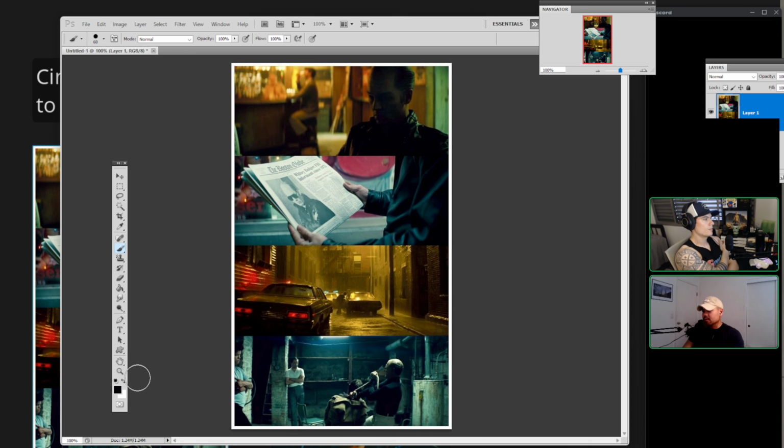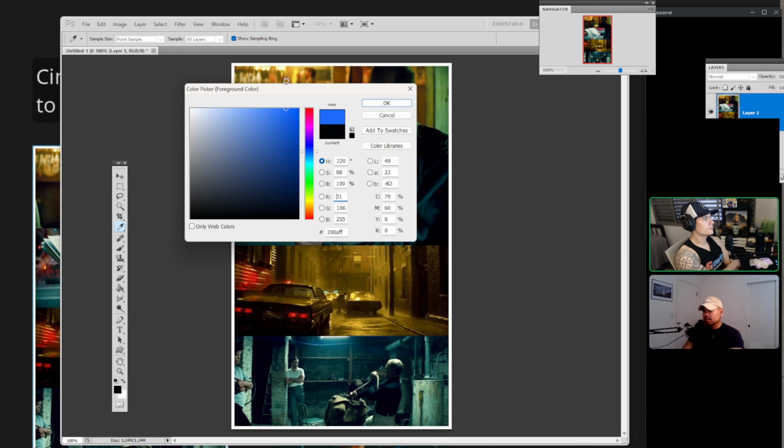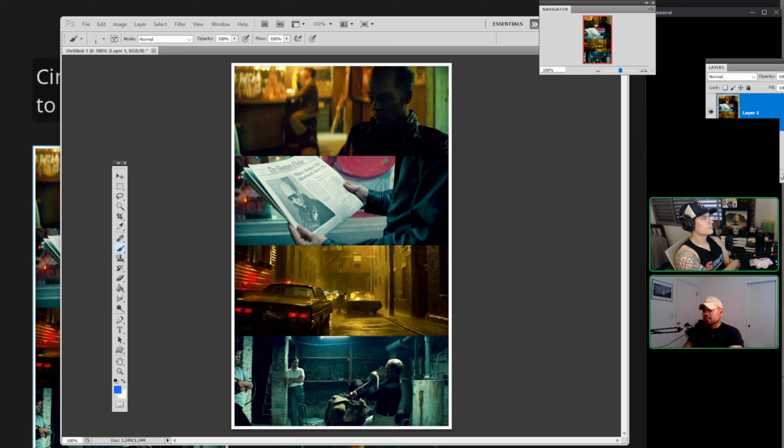So I'm just going to break down these frames real quick. We can see immediately this one kind of uses a rule of thirds composition. So it falls nicely on this pattern here, where we can see the focal point in here. There's another focal point here.